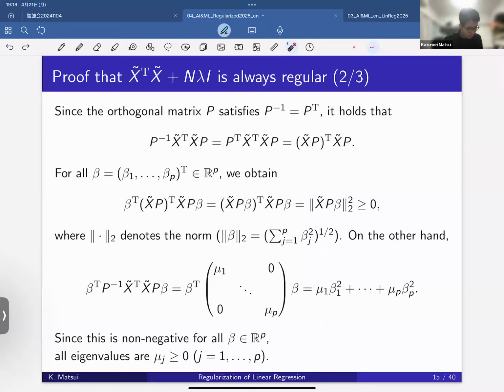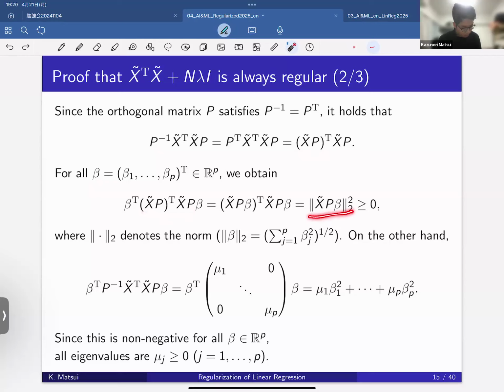Since P is an orthogonal matrix, its inverse is equal to its transpose. So the previous P inverse expression can be rewritten as x tilde P transpose times x tilde P. If we take any vector beta, multiply it from the right and multiply beta transpose from the left, since it's a quadratic form, it corresponds to this one.